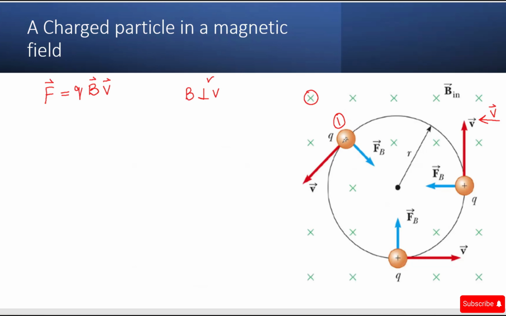We need to first identify the direction of the magnetic force. This force in this picture is FB, so I am also writing FB in this formula. We can find the direction of this force using the left hand rule. The first finger is towards the direction of the magnetic field, meaning the magnetic flux density.